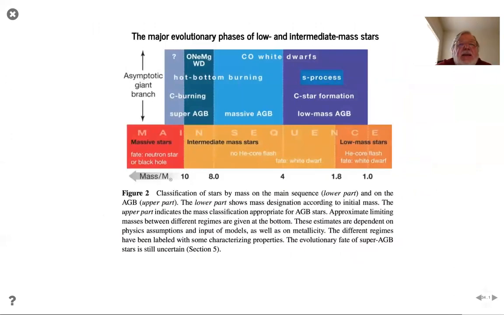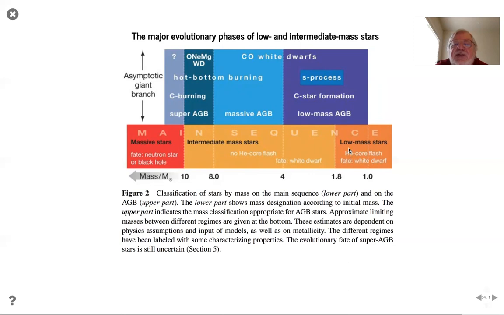Okay, so this plot summarizes what I've just told you, the major evolutionary phases of low and intermediate mass stars. The important thing to remember is that stars from 1 solar mass up to approximately 4 solar mass are called low mass stars. The lowest masses experience helium core flash, while higher masses don't.